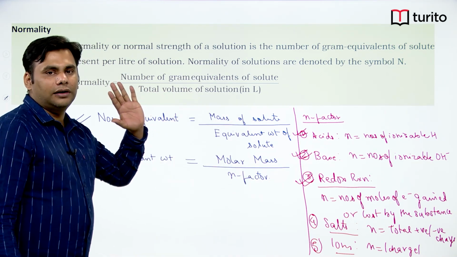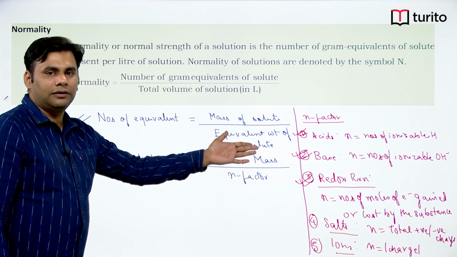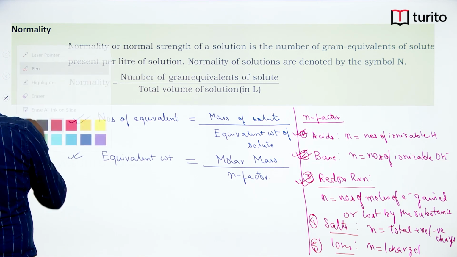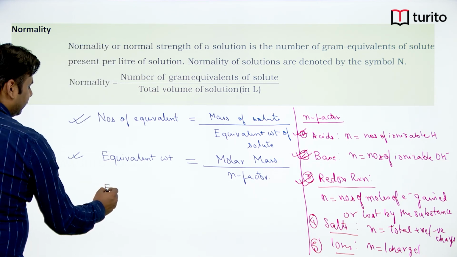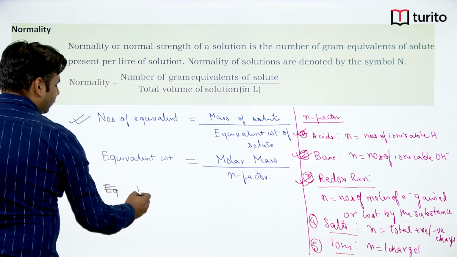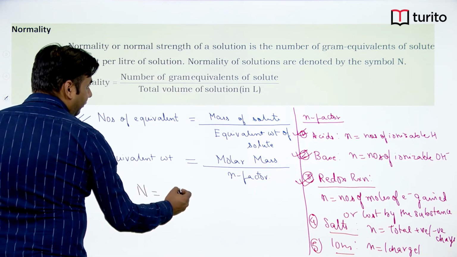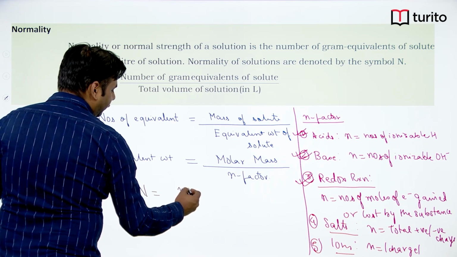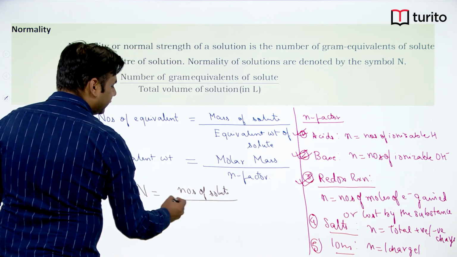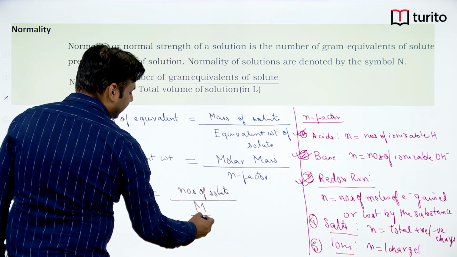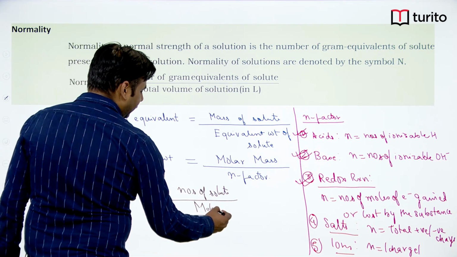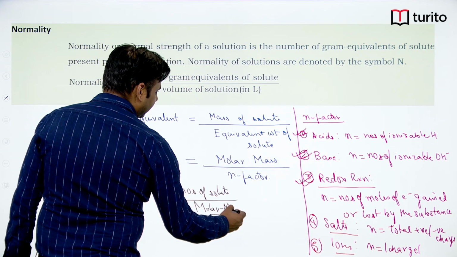Depending on the compound which has been given to you in the question, you can get the N factor from there. So if I write this as equivalent and plug this value back, I can write normality as number of moles of solute divided by equivalent weight. I know it is molar mass upon N factor. If you are confused, you can just write this as molar mass upon N factor.